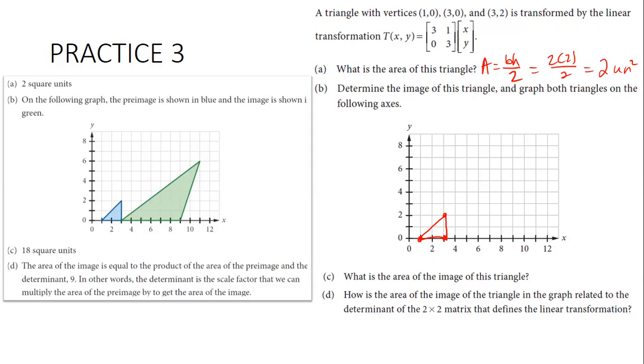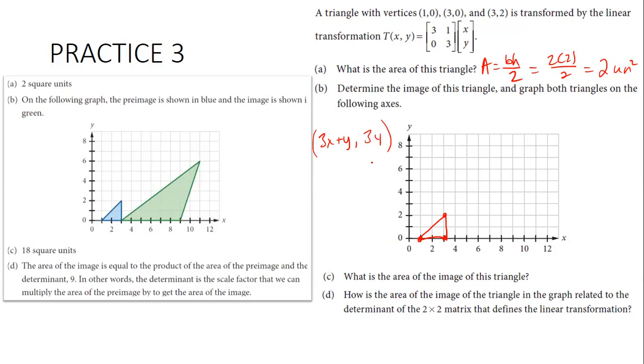It says determine the image of this triangle. So the image of this triangle is saying that I'm taking this guy right here, and I'm multiplying each one in its own transformation, correct? I have 2 ways of doing this. I can do it by coordinate functions. So I can convert this to being 3x plus y, comma, 3y, right? That's my coordinate function.